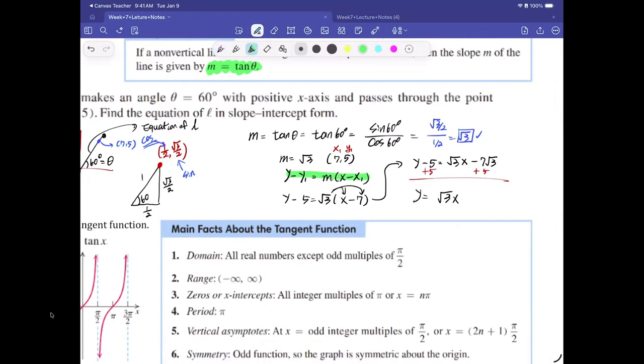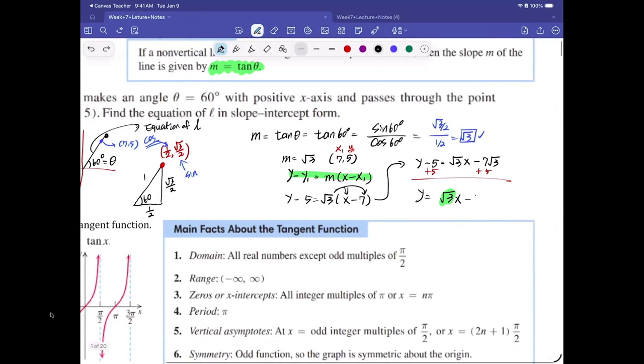Square root 3 is the slope, 1 point something. And then the y-intercept is this. I know it looks weird, but this is y equals mx plus b. So the slope is square root 3, and the y-intercept is negative 7 square root 3 plus 5.